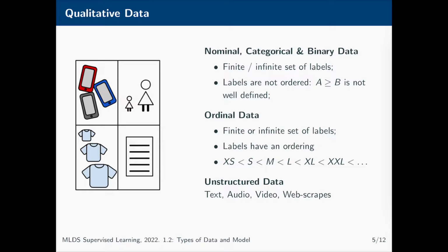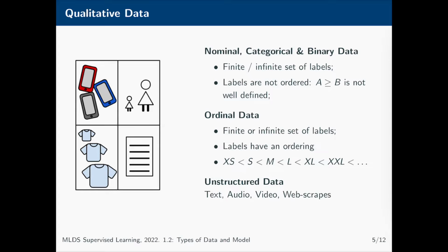The alternative to this is ordinal data, which has this additional structure imposed where the labels do have an ordering. Again, the number of labels could be finite or infinite, but it's this ordered property that is a key feature of ordinal data. An example here might be men's clothing sizes, going from XS to small, medium, large, extra large, and so on. There is a distinct ordering within these.